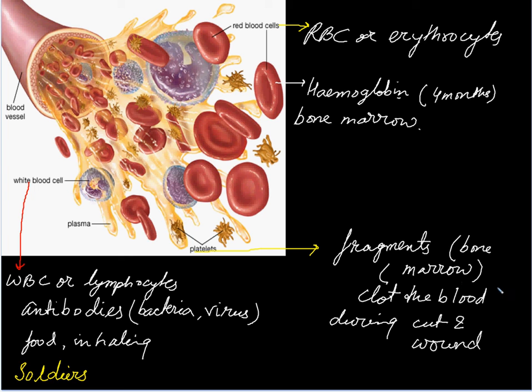Now, blood, as you can see, is flowing through a pipe-like structure. This pipe-like structure in which the blood flows is known as blood vessels.